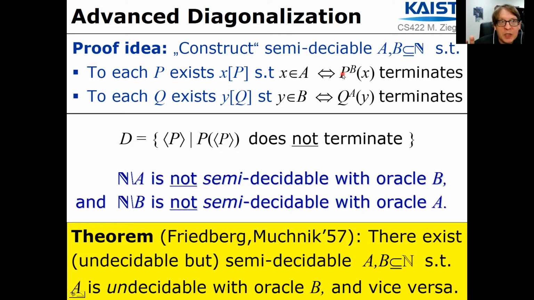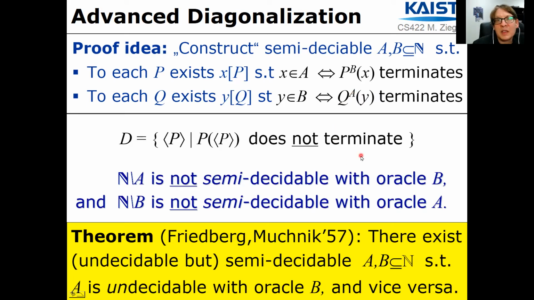Remember, we introduced oracle while programs a few slides before, where the oracle is now not some function, but the characteristic function of a decision problem. And similarly here, this is an oracle while program with oracle access to the characteristic function of a decision problem A.